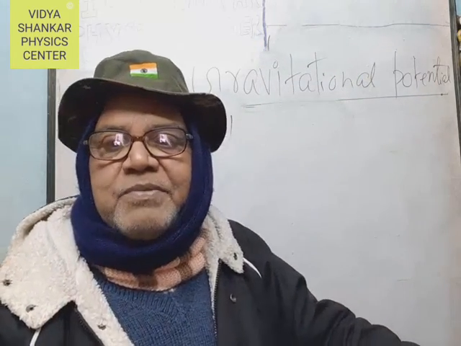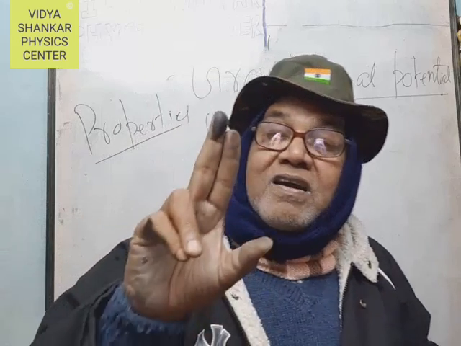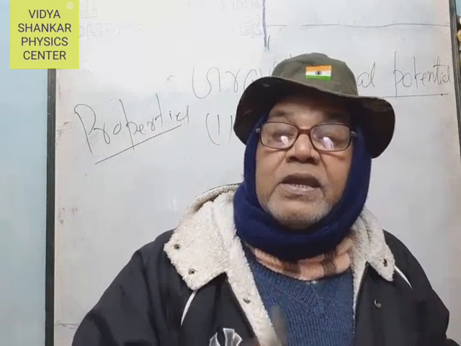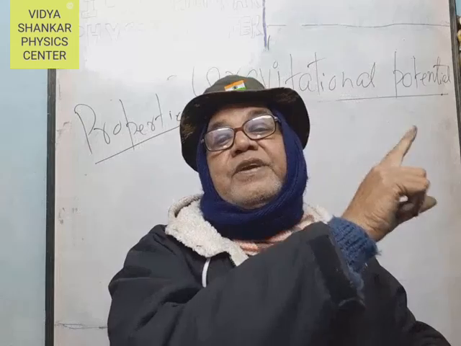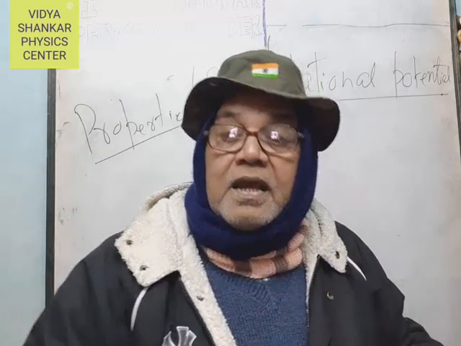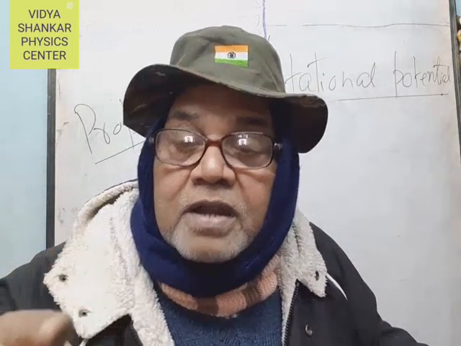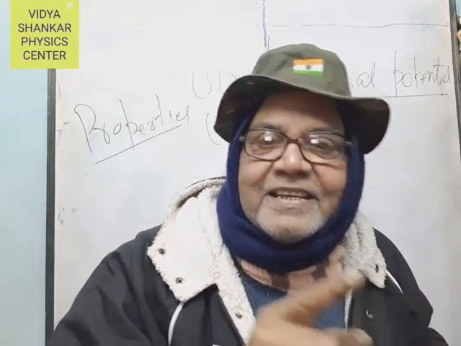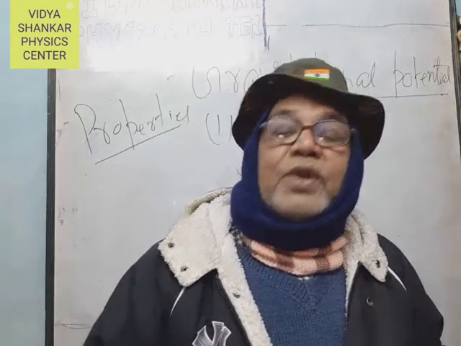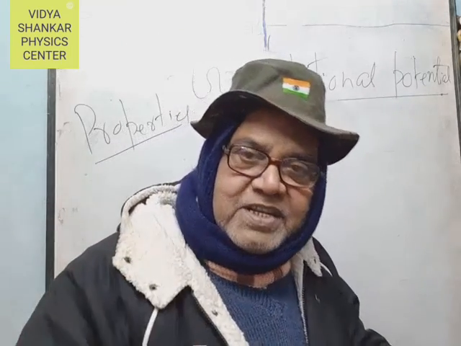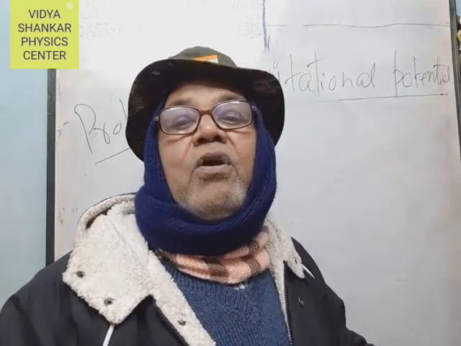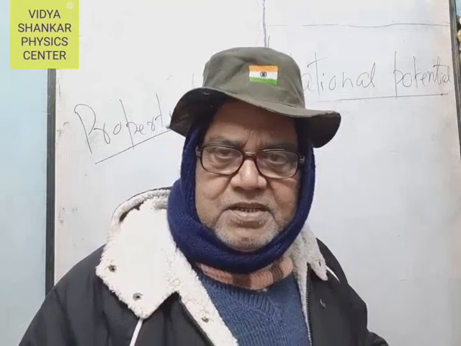Gravitational potential may be defined as the work done in bringing unit mass from infinity to a point in the gravitational field. Work done, or work is a scalar, therefore gravitational potential is a scalar. Magnetic potential is a scalar. Electric or electrostatic potential is a scalar.